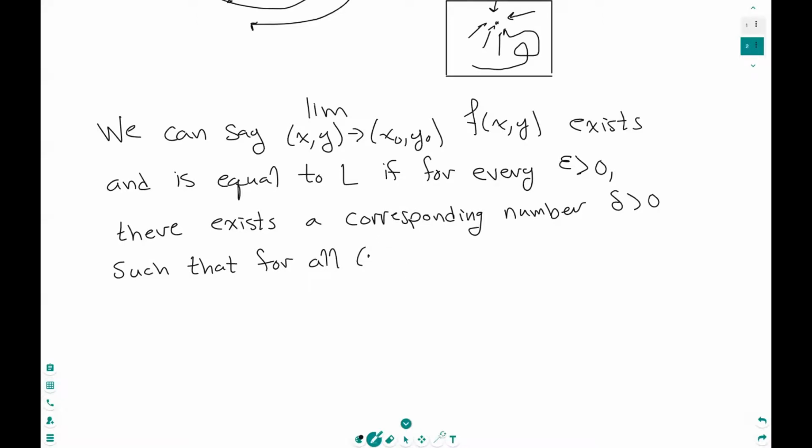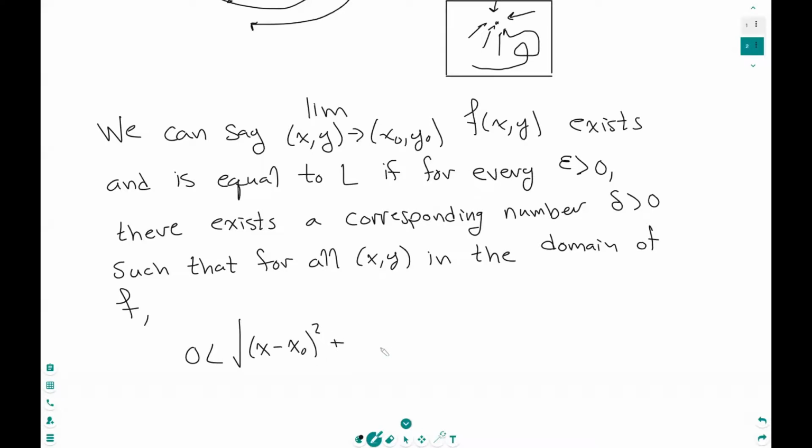for all points (x, y) in the domain of our function f, we have that the square root of (x minus the limit point x naught) squared plus (y minus the limit point y naught) squared.